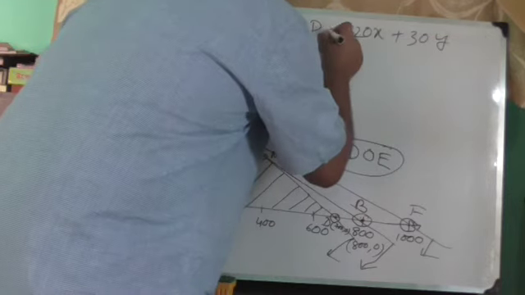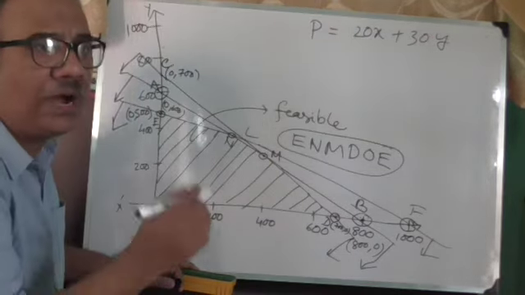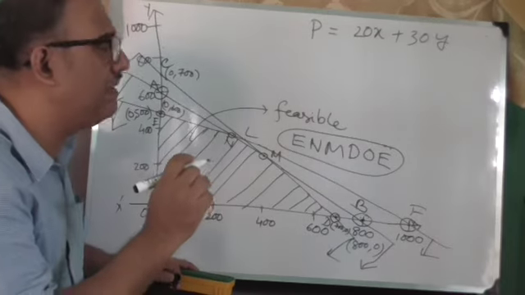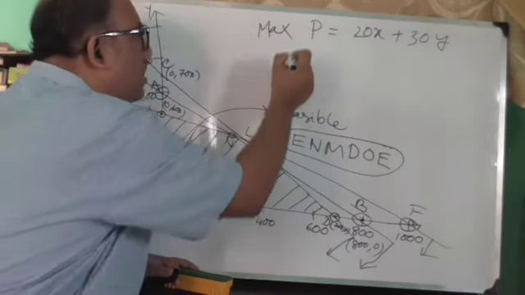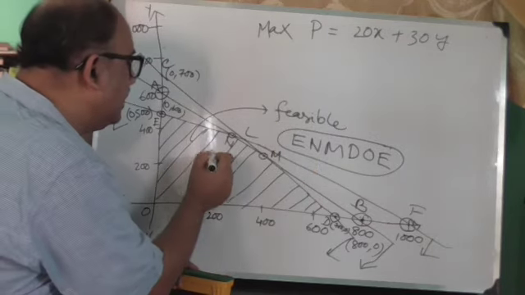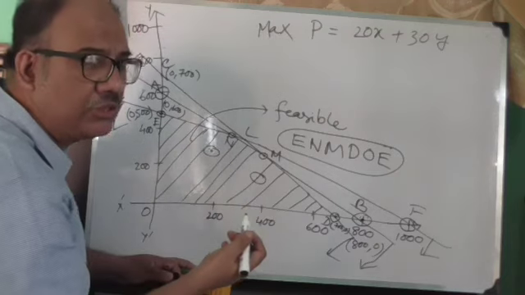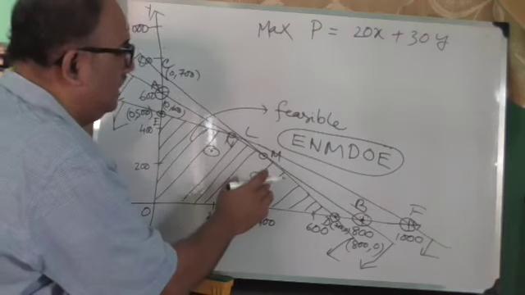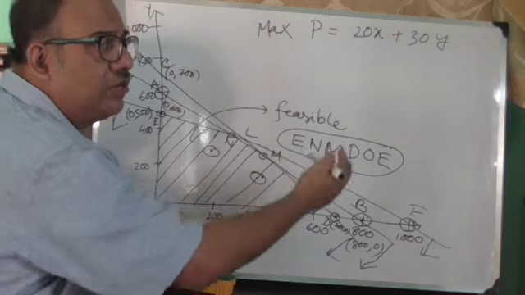So our profit is 20x plus 30y, and we have to find that value of x and y which maximizes my profit. Now, the feasible region means you take any point within this region, and that is a solution, meaning that value satisfies all the 3 constraints.